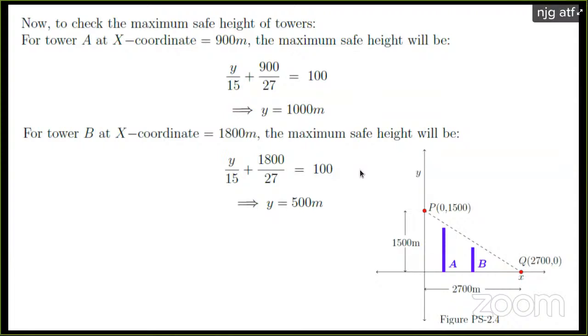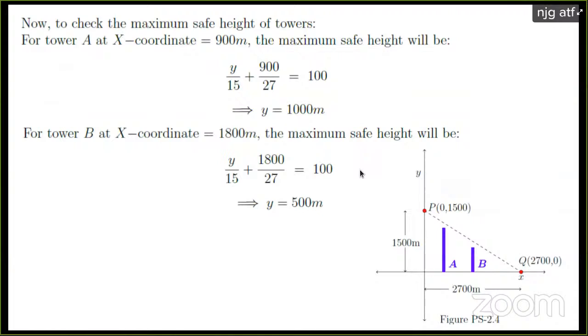My tower A should be lesser than that straight line, or the y coordinate of that point should be greater than the tower, right? Tower A is at a 900 meters distance from the origin.